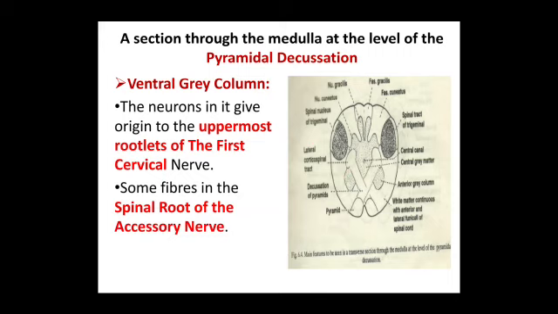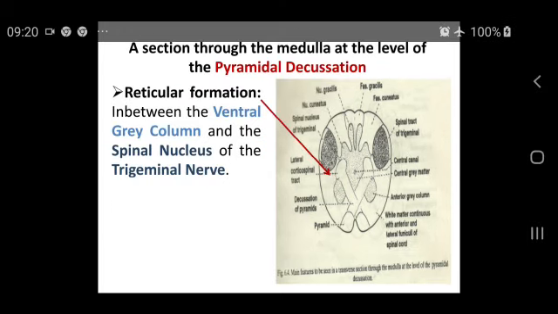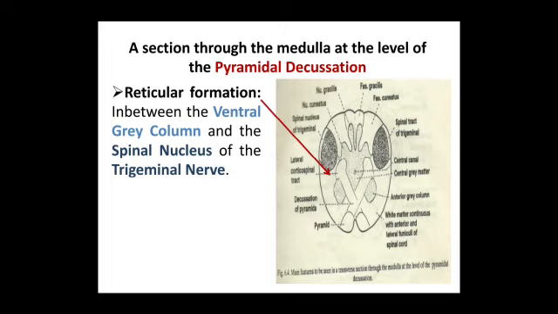The neurons of this ventral grey matter give origin to the uppermost rootlets of the first cervical nerve and some fibers of the spinal root of accessory nerve. The reticular formation is present between the ventral grey column and the spinal nucleus of the trigeminal nerve.